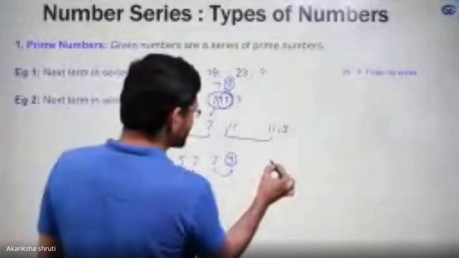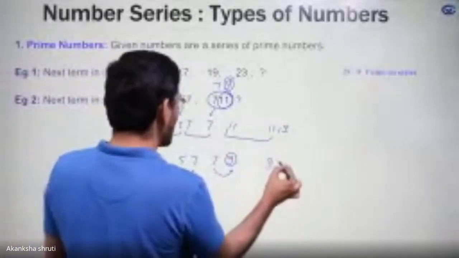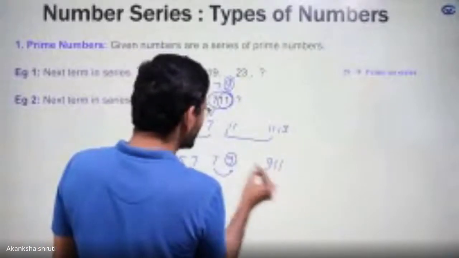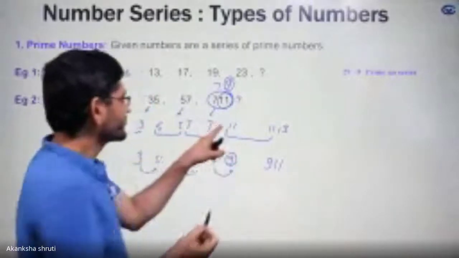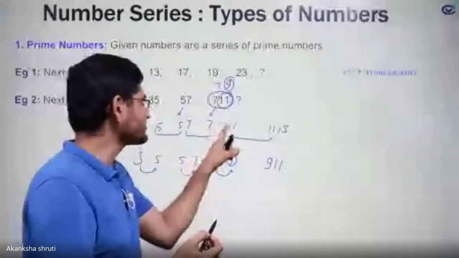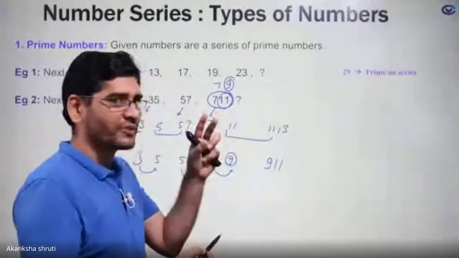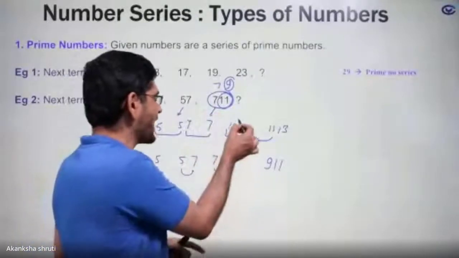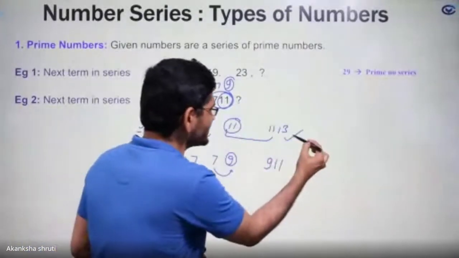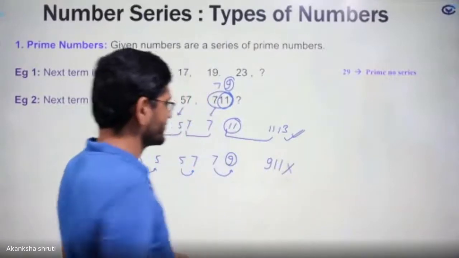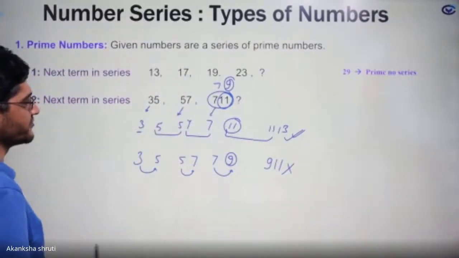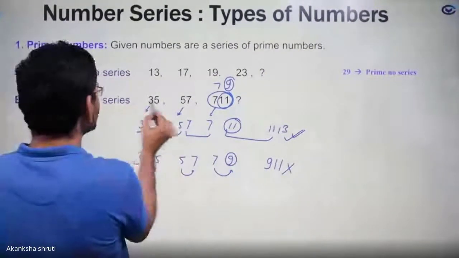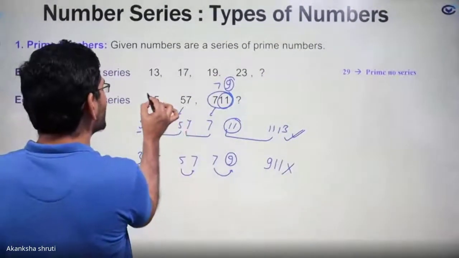Then it can be 9 and 11. But here it is given as 7, 11. From this, we are getting that after 7 there is the jump of 4 and it has reached the next prime number. So this prime one is correct and this will become wrong. Okay, so this we have to watch carefully. So this way it was nothing but a pair of prime numbers.